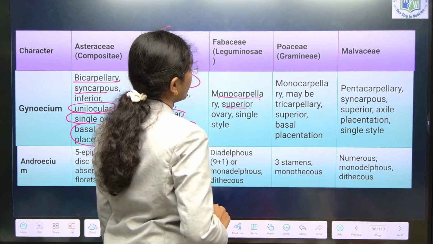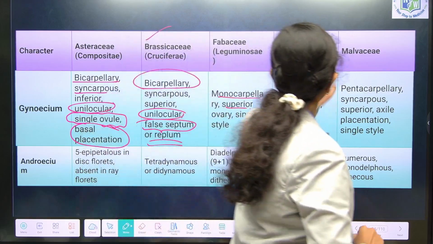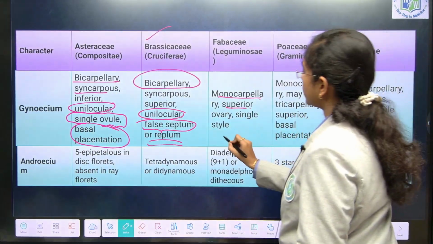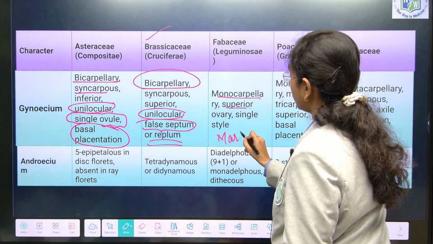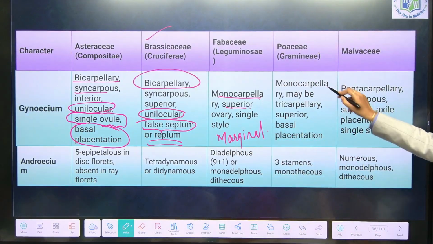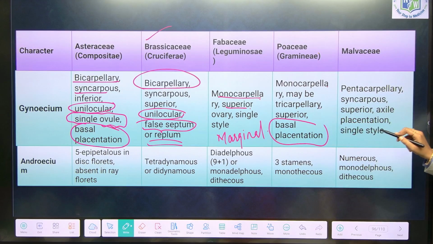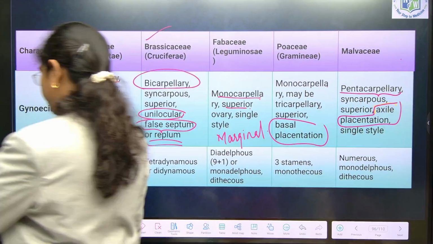Monocarpellary, superior ovary in Fabaceae. Poaceae members, what type of placentation, ma? Marginal. Monocarpellary, tricarpellary, and this also shows what? Basal placentation. Malvaceae is pentacarpellary, has what type of placentation? Axial placentation. Okay.